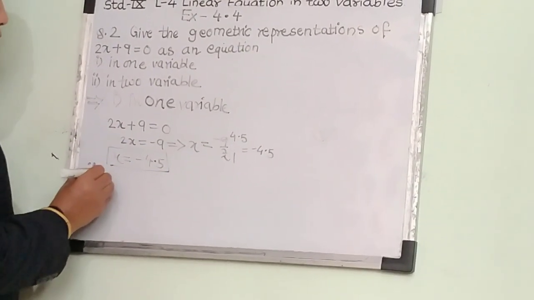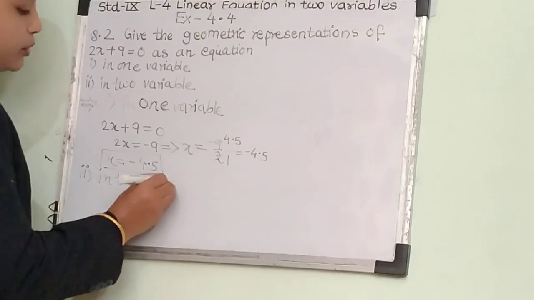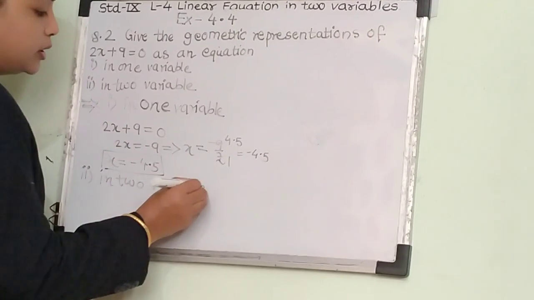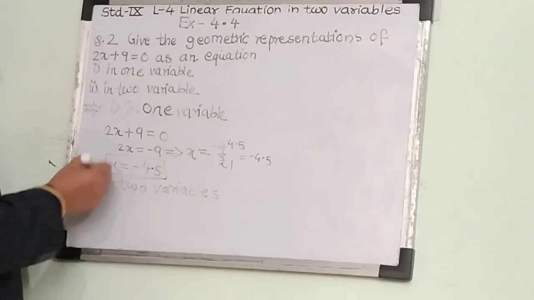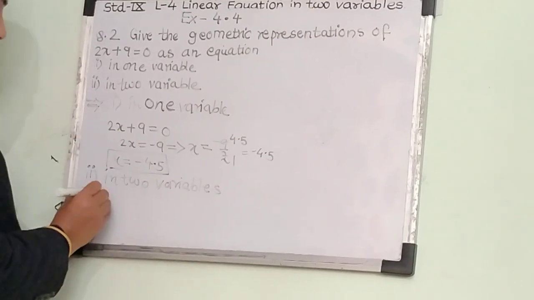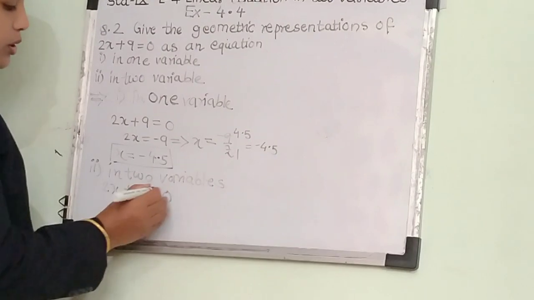Secondly, we can say that in two variables, we have to write the equation in two variables. What do we have to do at that time? We have to take the equation first as it is, 2x plus 9 equals 0.